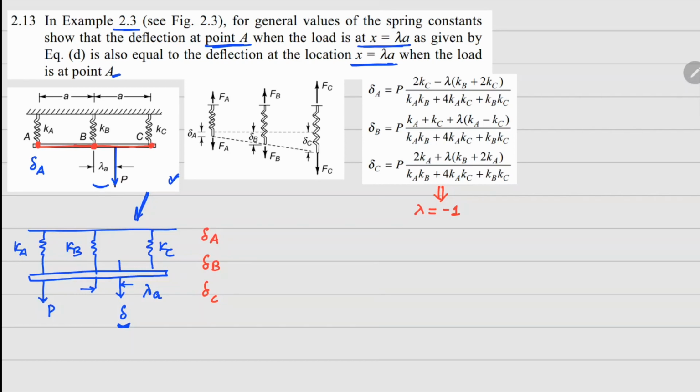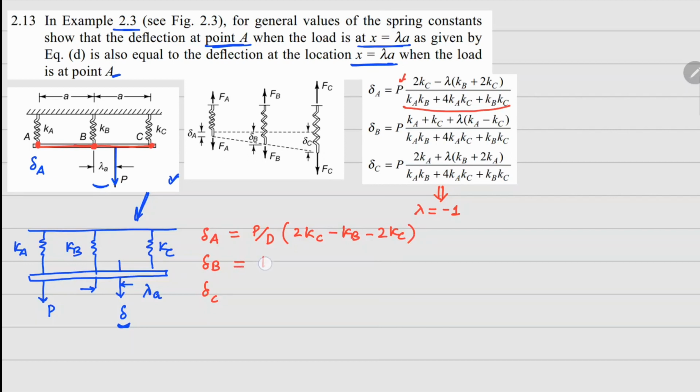So if I substitute lambda -1, I'll just keep the force P and this denominator D as common. So P over D is common because it's the same in all the terms. On the top here we are going to get 2 times Kc and lambda -1, so minus Kb minus 2 Kc.